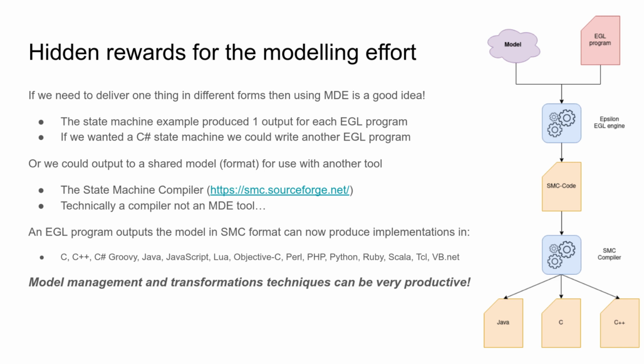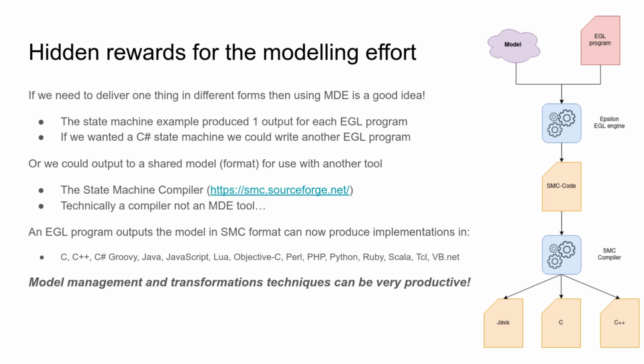However, we could combine our approach with a different tool. If we wrote an EGL program that could output a state machine compiler compatible model, although technically this is a compiler and not directly an MDE tool, it would be possible for us to then take one description of a state machine and implement across several languages the same state machine. This is where model management and model transformation techniques can be extremely productive.